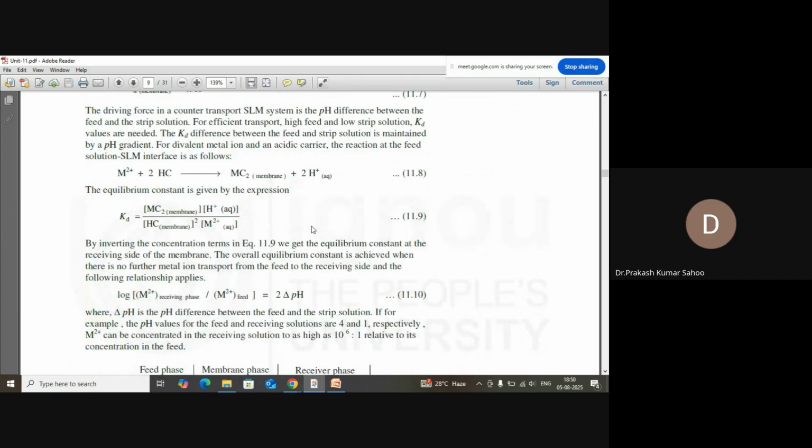So we have the SLM where the pH gradient is there, and here also we have the distribution or equilibrium coefficient, the concentration of MC2 times H+ concentration squared, divided by the HC squared concentration times the M2+ ion concentration.